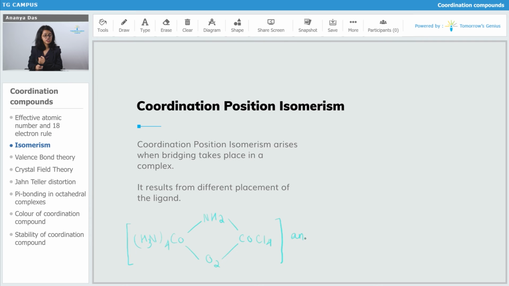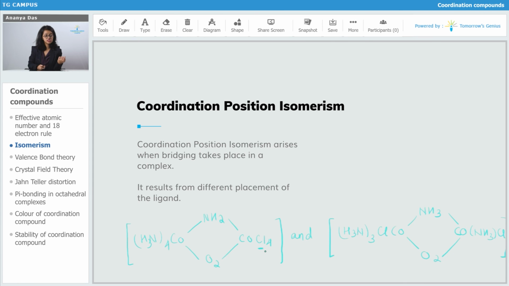So its coordination position isomer is going to be this, that's Co, then we have an NH3, and then we have a Cl. So you see that the exchange of the ligands takes place between the metals.